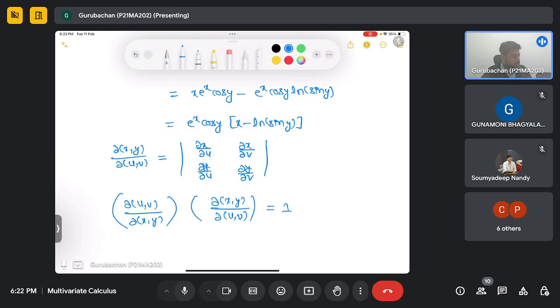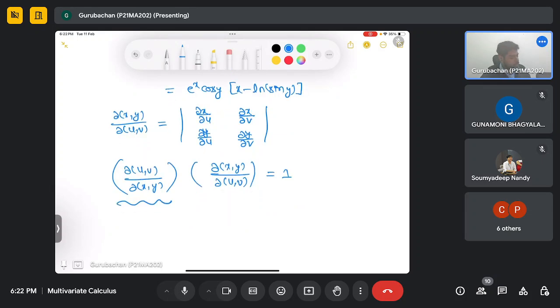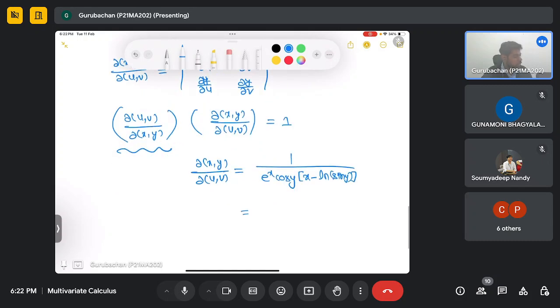And we know that we have already calculated the Jacobian of del(u,v) divided by del(x,y). So the Jacobian of xy with respect to uv is nothing but 1 by the Jacobian of this, which is e to the power x cos y, x minus ln sin y, which we can simplify further as e to the power minus x sec y divided by x minus ln sin y. I hope everybody is convinced with this explanation and this answer.